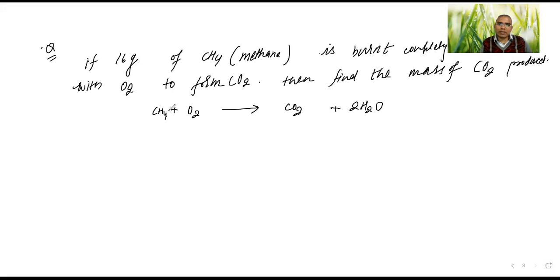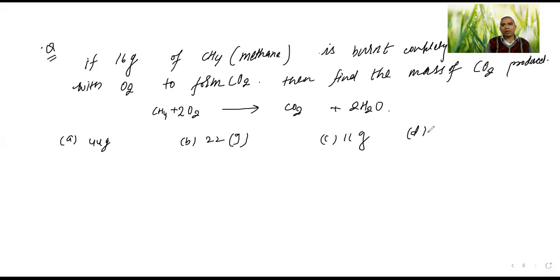Carbon is one on both sides, hydrogen 4 on both sides. Oxygen is not balanced, so we multiply by 2. This equation is given in the question. Options: A is 44 gram, B is 22 gram, C is 11 gram, and D is none.